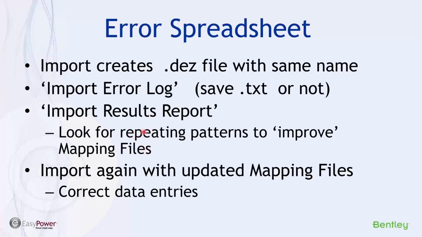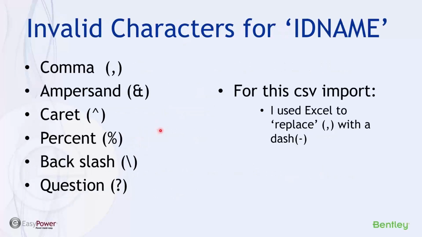Now, just as a spoiler alert, in EasyPower, there are some reserved keyboard characters that can't be used or shouldn't be used in the ID name. And so if you haven't been told this yet, you will get an error created if you use any of these characters in the ID name.